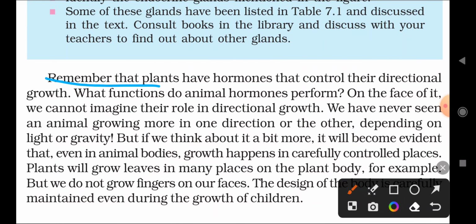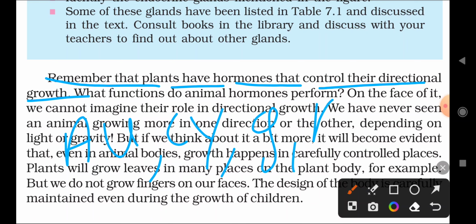Remember that plants have hormones that control their directional growth, correct? In previous videos we discussed that plant hormones are responsible for the growth of the plant. There are four types of hormones: auxin, cytokinin, gibberellins, and abscisic acid.